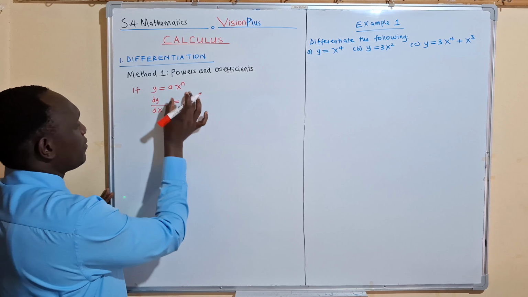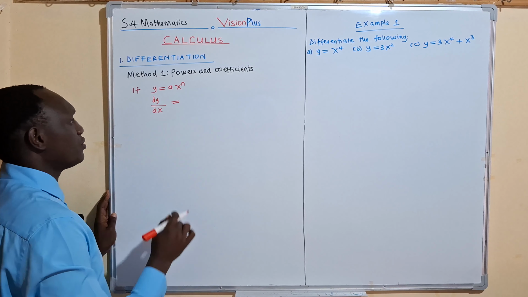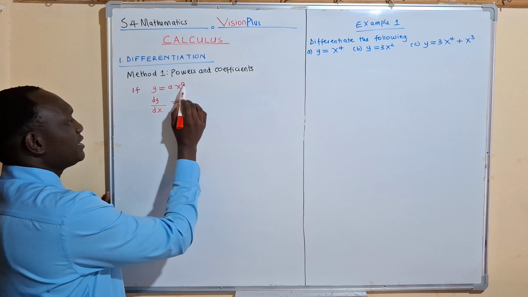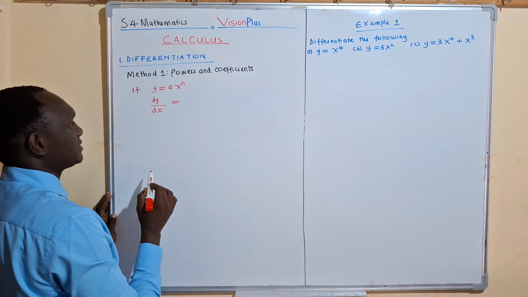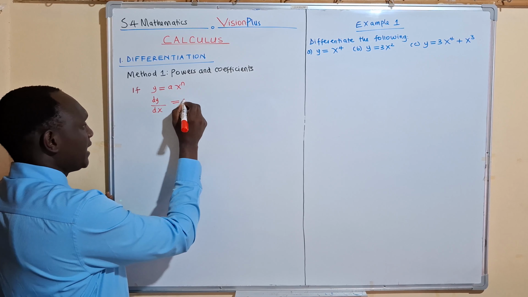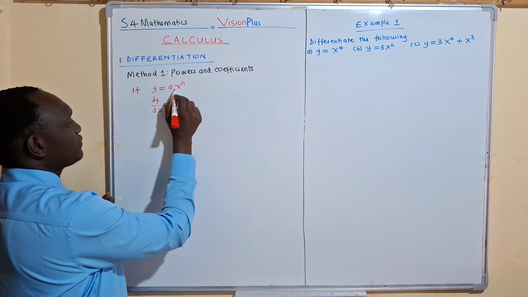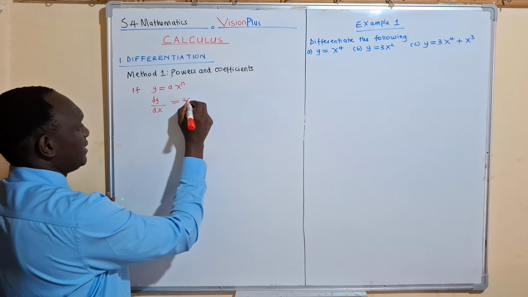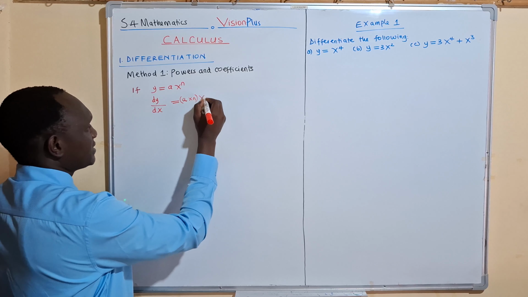So in this case, dy dx becomes, now we are coming to differentiate the right hand side of this function. So what do we do? We simply lower the power, which is n. n is the power in this case. We have a already, so we keep that a. If you lower this power so that it becomes a coefficient, then you multiply a times n, and then you write the variable x.